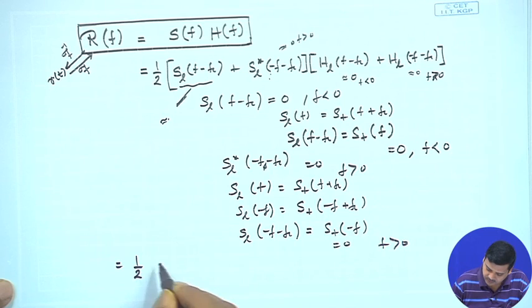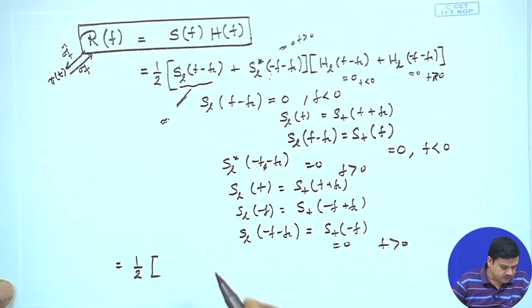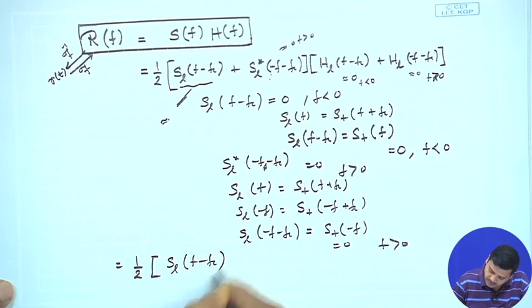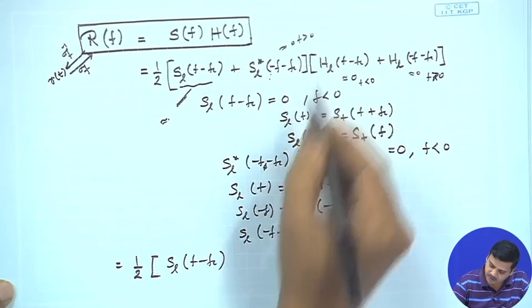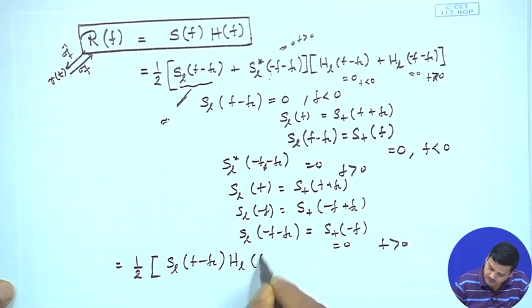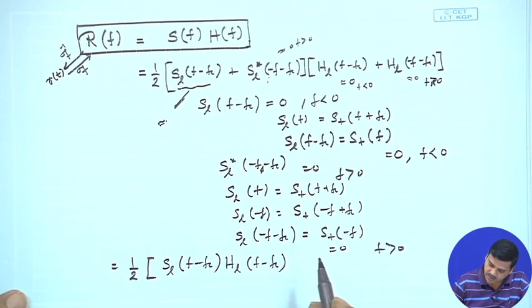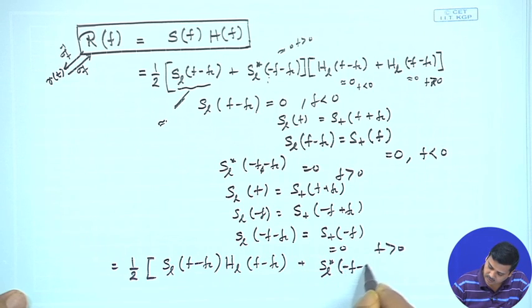So, we could have this as half, that stays with us as S_L(f minus f_c). This gets multiplied with this H_L(f minus f_c), right? And for the other half, that means for f less than 0, we have S_L conjugate(minus f minus f_c).